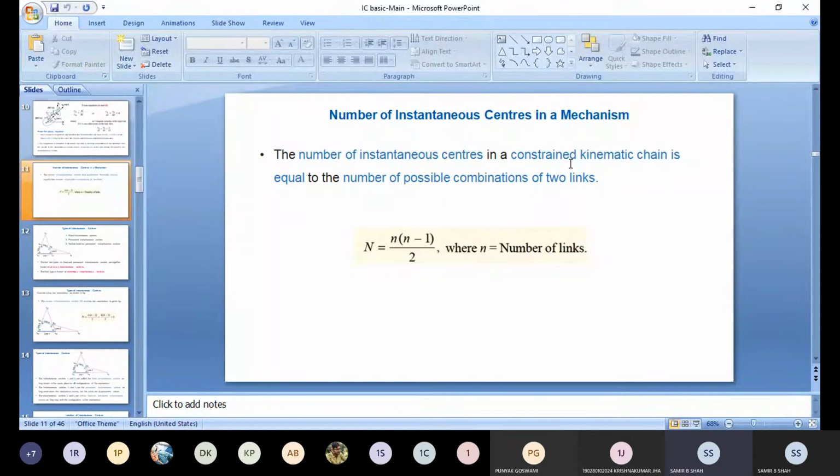Remember another thing, that the two rigid links have no relative linear velocity. There are two links and both are rigid, so there is no relative motion between those two links at that point. At this point, the two rigid links have the same linear velocity.